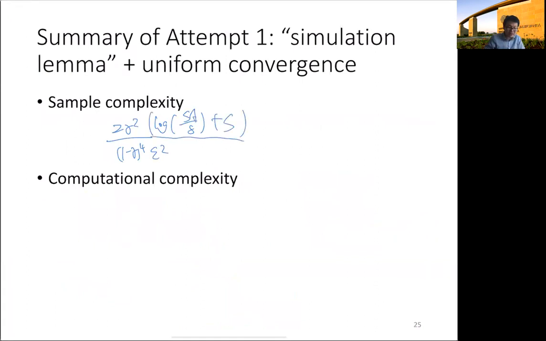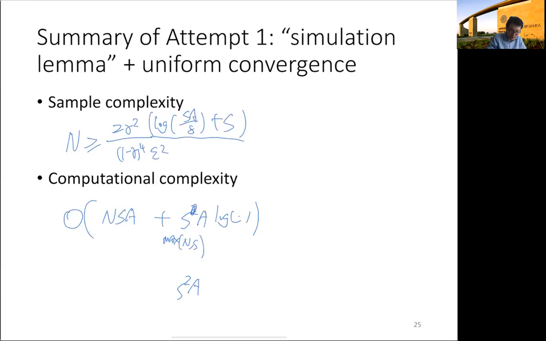So this is a sample complexity bound, and if we want n to be larger than this, it means that the computational complexity bound would be NSA plus S square A log, will be that, right? And since N is large, there really isn't anything that we can do to further improve this beyond the S square A bound that we already got from the value iteration.